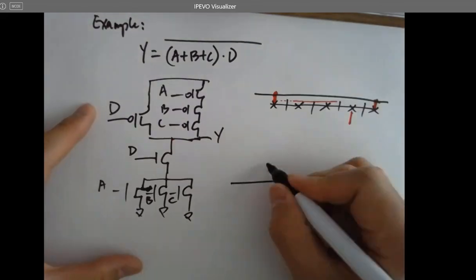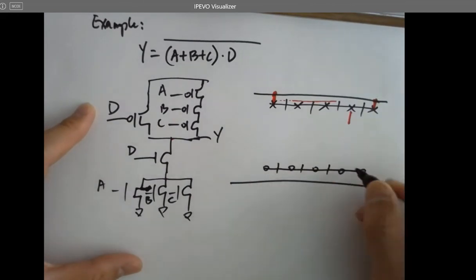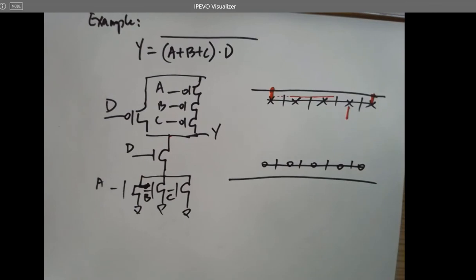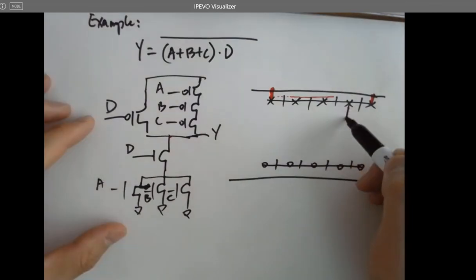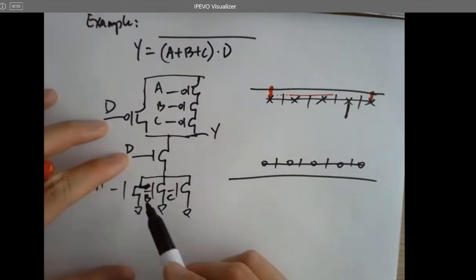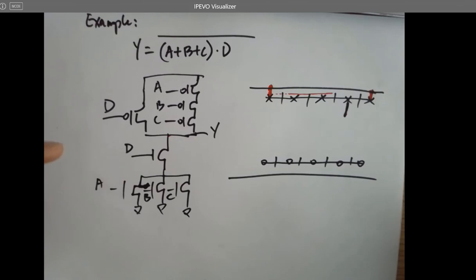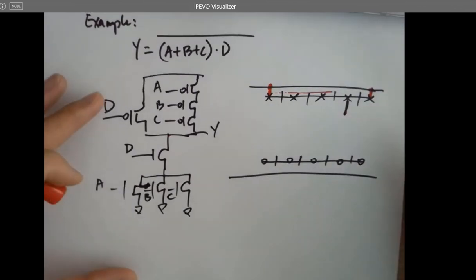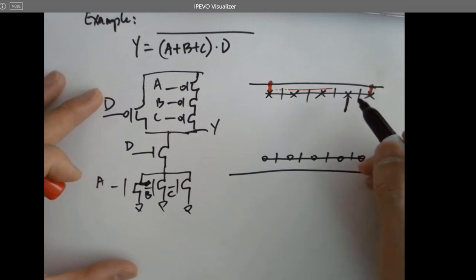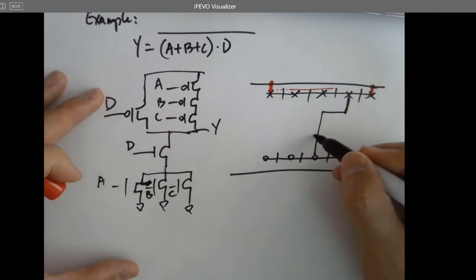Now let's look at the NMOS. 1, 2, 3, 4, 5. 1, 2, 3, 4. Because this is the output, and this output has to run through 1 NMOS first, and then 3 NMOSes in parallel. It's a little bit tricky. Let me show you what I did here. So I connect it to here first, and then here.